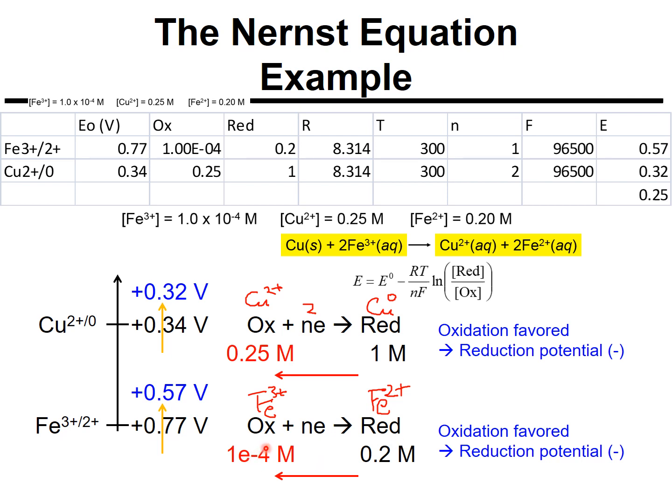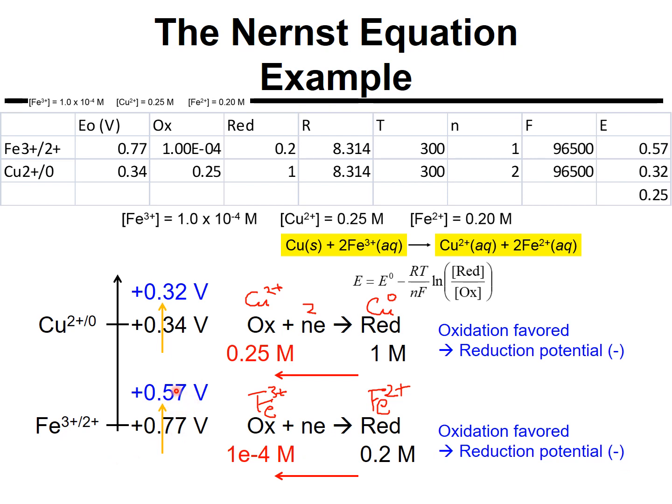However, in this case, the amount of oxidized species is much smaller than the amount of reduced species. So the backward reaction is favored by Le Chatelier's principle. Then oxidation is favored, therefore the reduction potential goes to a more negative value.